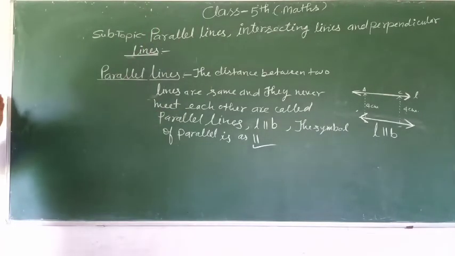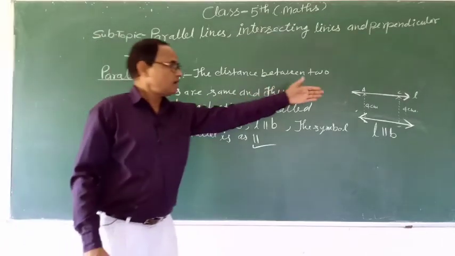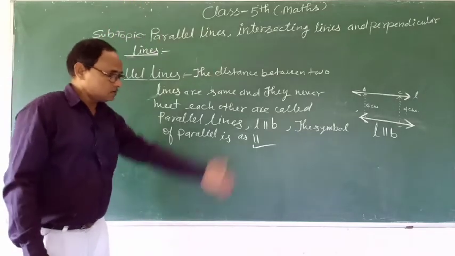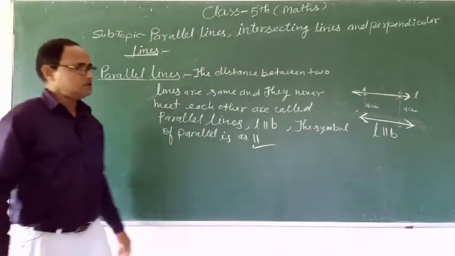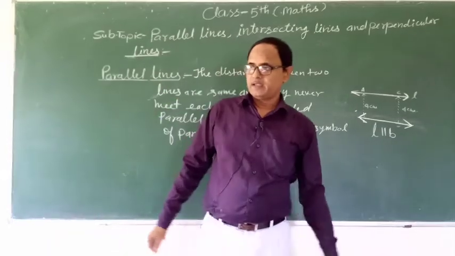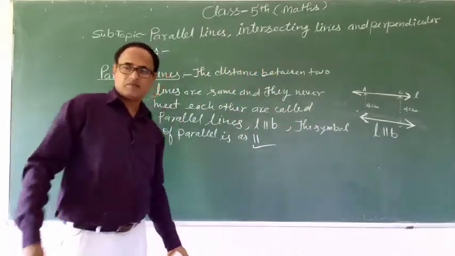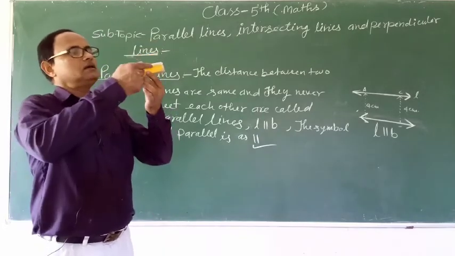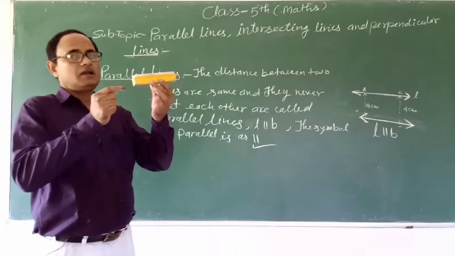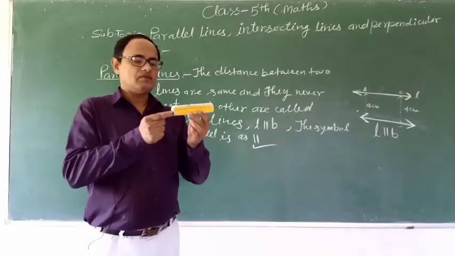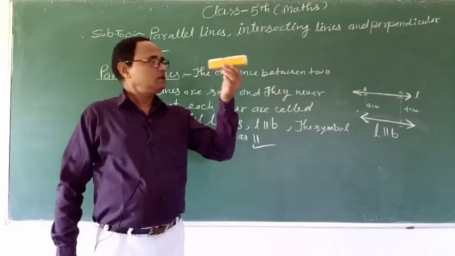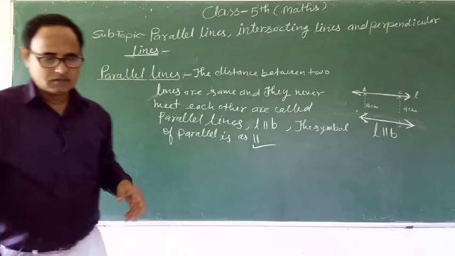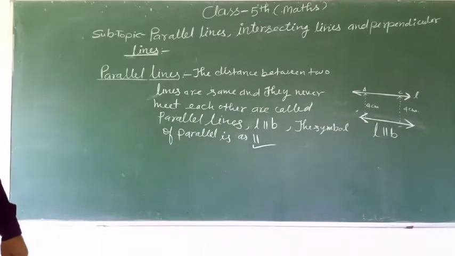The green board's width is also parallel, and the length is parallel as well. There are many such examples: the mesh, length and breadth are parallel to each other, and this duster's lengths are parallel to each other and never intersect, and the breadth also is parallel and never intersects. These types of lines are known as parallel lines.